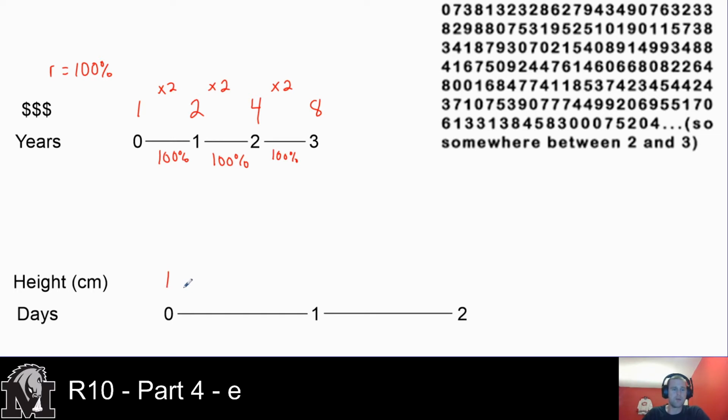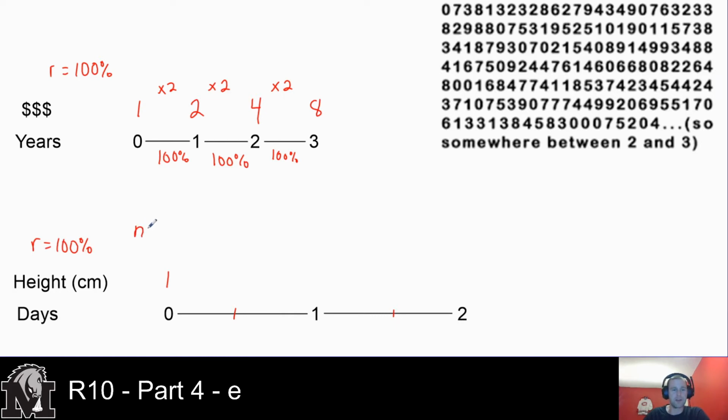So we'll start with a plant that's 1 centimeter tall. To show that we have to have smaller steps, I'm going to have some halfway points here. We still want our 100% growth, but rather than just the one compounding period, we're going to have two compounding periods per year.